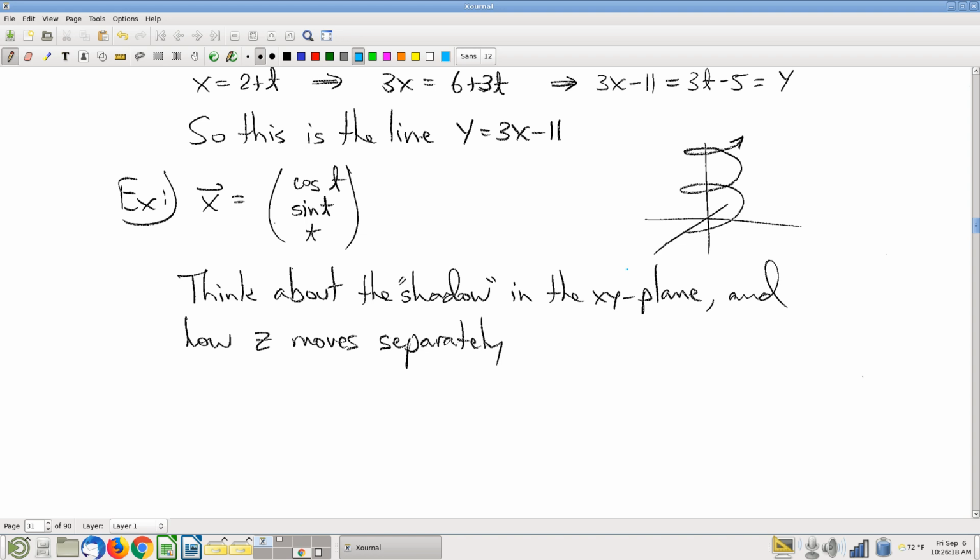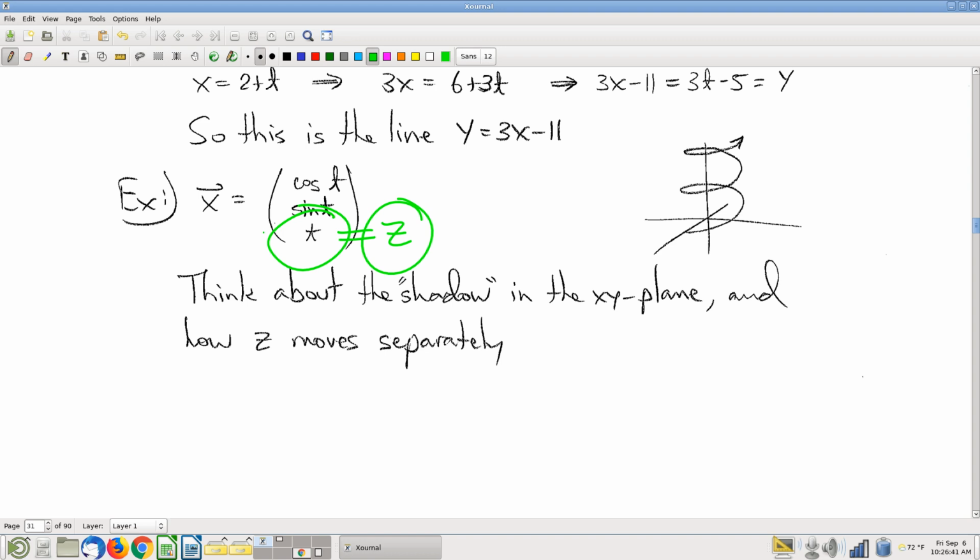The other thing that I'll notice is that the Z coordinate is easy to understand. Right? It's just t. That just says height is increasing at a constant rate with speed equal to 1. It's just, the rate of change of Z with respect to t is 1.